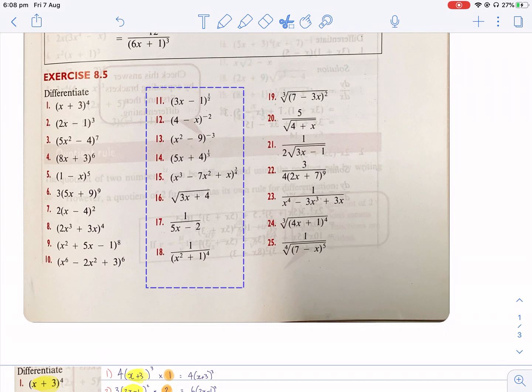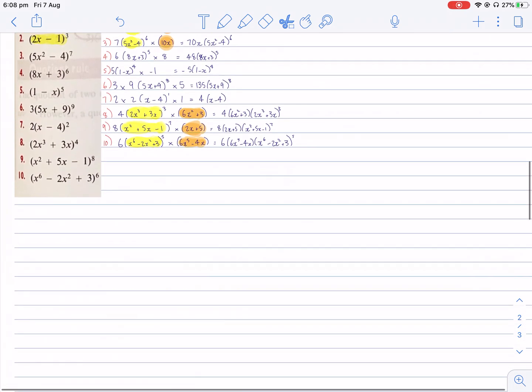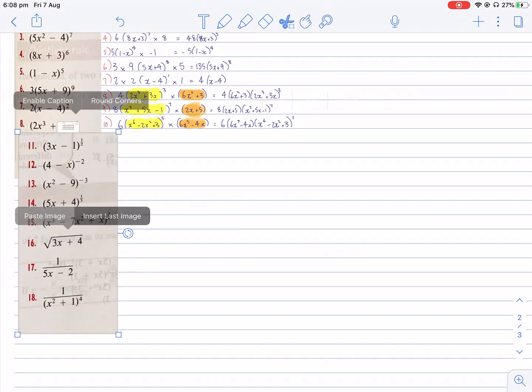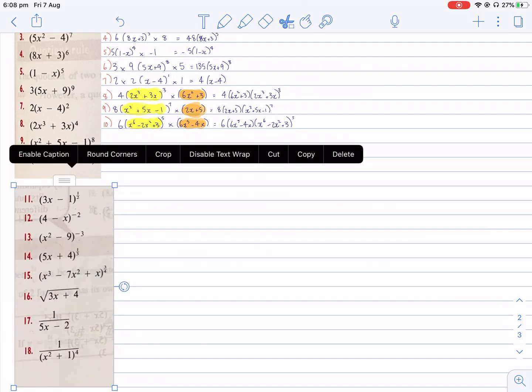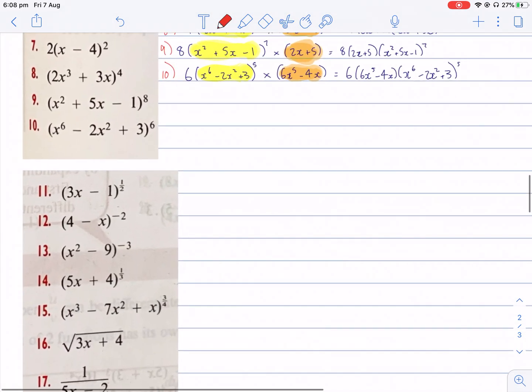Oh, there's 3 columns of this. You get the hang of it really quickly. Okay, question 11. This time we've got a half 3x take 1 to the negative half times the derivative of the inside gave us 3 on 2.